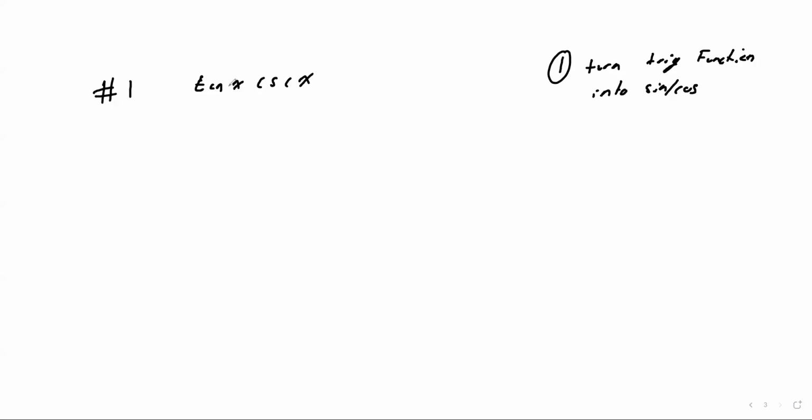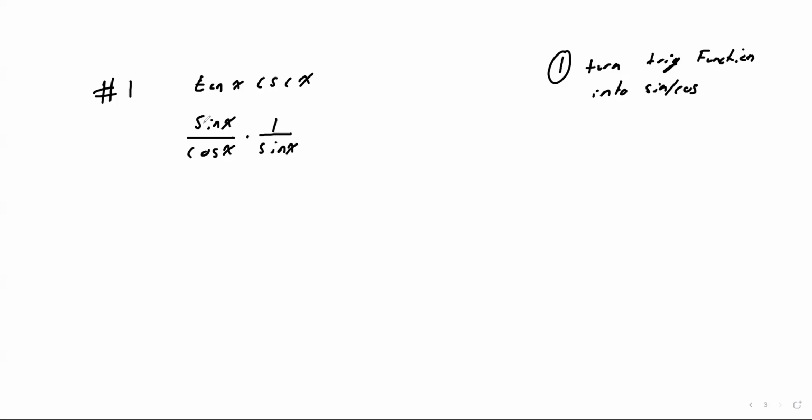So using the quotient identity, I can see that tan x is the same thing as sine x over cosine x. And then using the reciprocal identity, I can see that cosecant is the same thing as 1 over sine x.